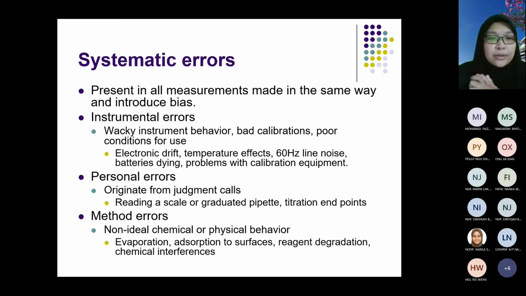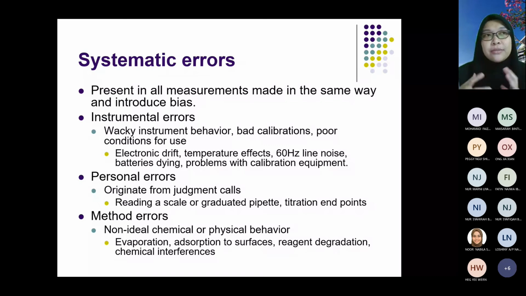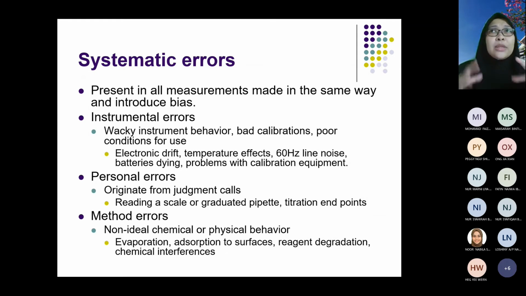So first, instrumental errors. We have bad calibration, for example, of the analytical balance. Sepatutnya calibration kita buat bila kita selalu guna, kita kena selalu juga buat calibration, but sometimes the personnel in charge of the analytical balance, dia tak ikut jadual.